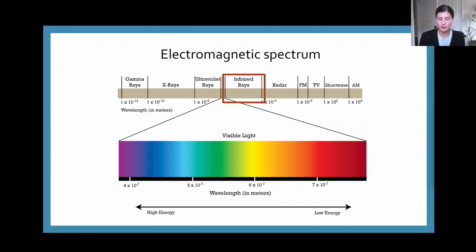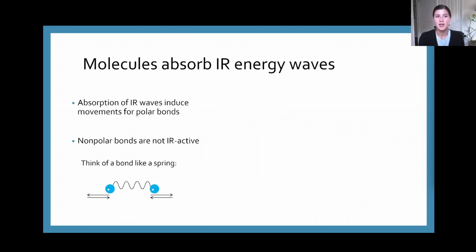And that's because certain molecules or certain bonds absorb IR energy waves. And so these absorptions of IR energy induce movements of polar bonds. Nonpolar bonds are not IR active, so they won't absorb any IR energy.